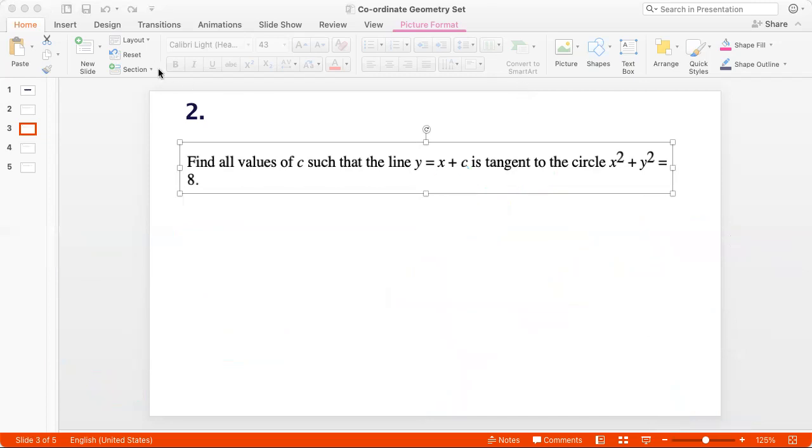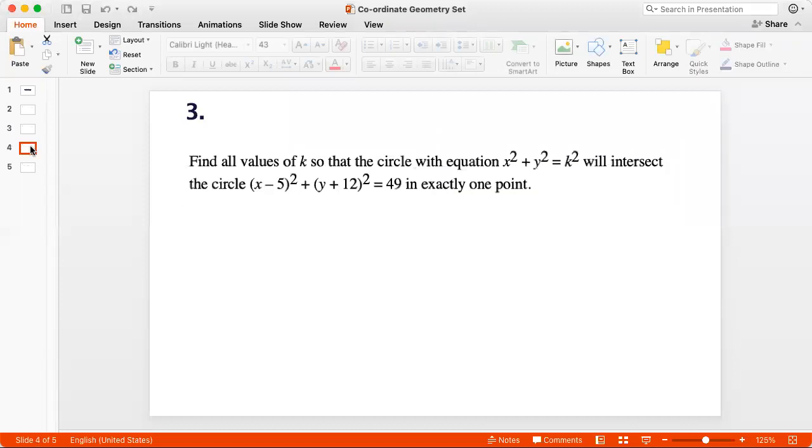Okay, let's go to the next question. Find all values of k so that the circle with equation x squared plus y squared is k squared will intersect the circle (x minus 5) whole squared plus (y plus 12) whole squared is 49 in exactly one point.